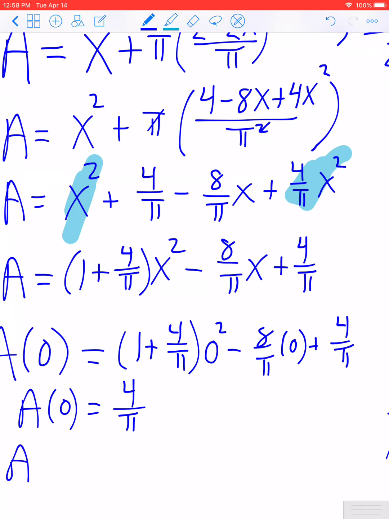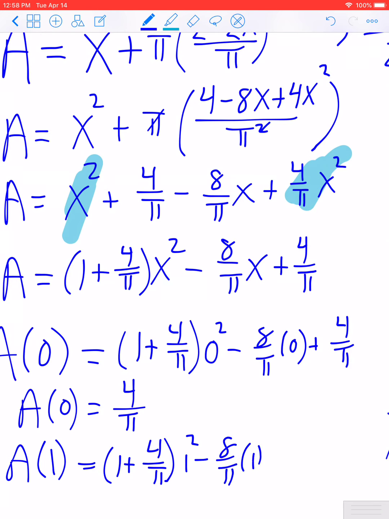If I were to plug in, let's say, the right endpoint of 1, this would produce 1 plus 4 over pi times 1 squared minus 8 over pi times 1 plus 4 over pi.